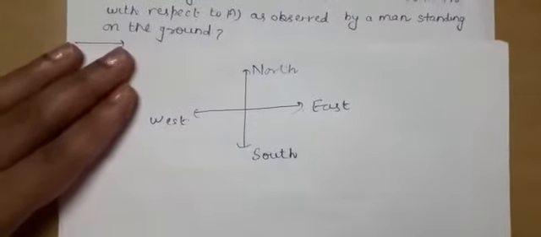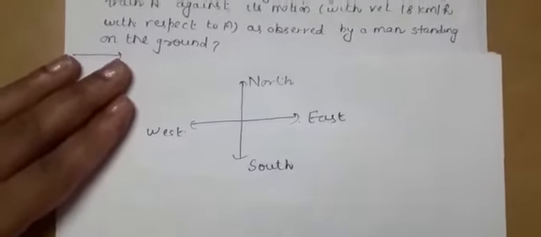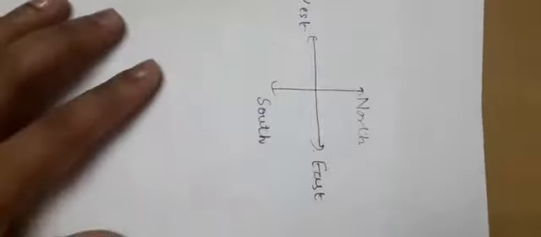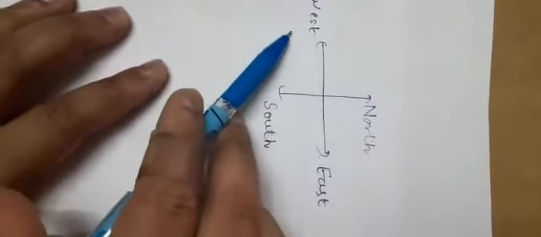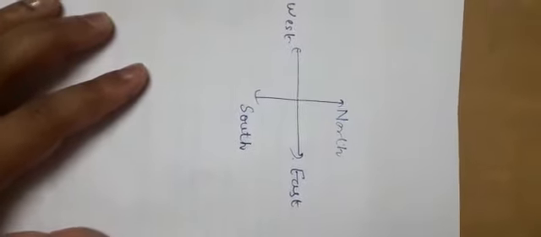But if I want to rotate the direction, I can simply do so. It doesn't mean that west is at the top. All these four directions can be interchangeable. We can take it in this direction. We have drawn it on the plane of paper.